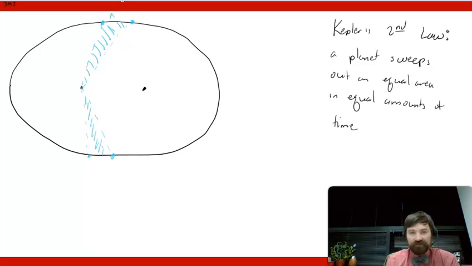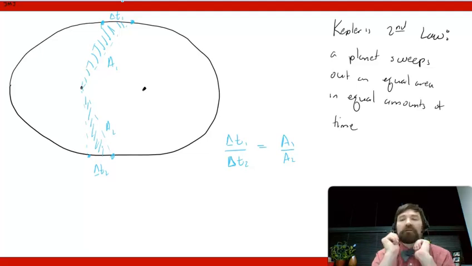So delta T1 is here, delta T2 is here, area 1 is here, area 2 is here. Essentially, delta T1 over delta T2 should be equal to 1 because it's an equal amount, and that would be equal to area 1 over area 2, which is also equal to 1 here.